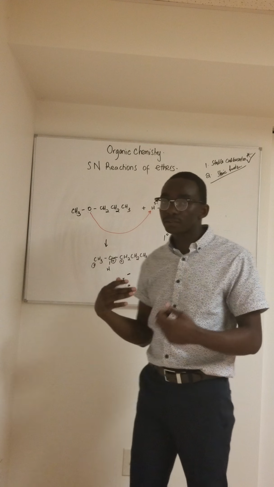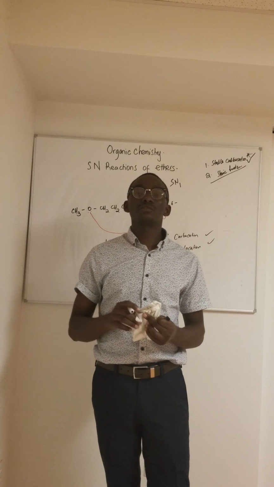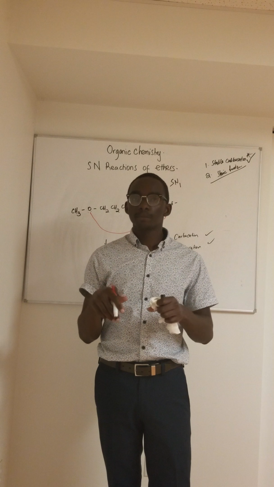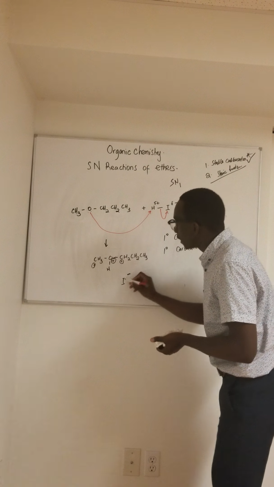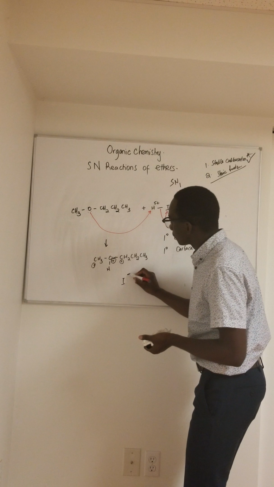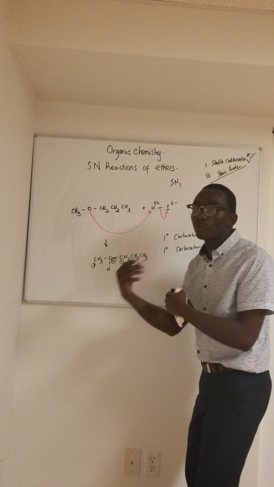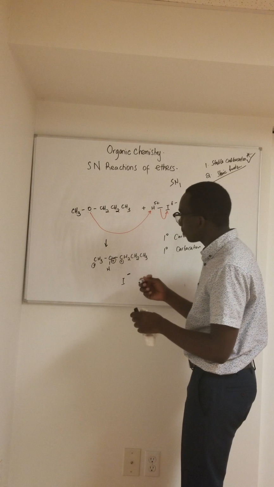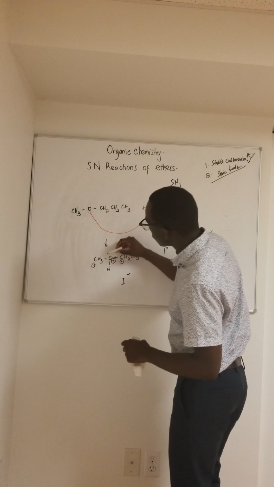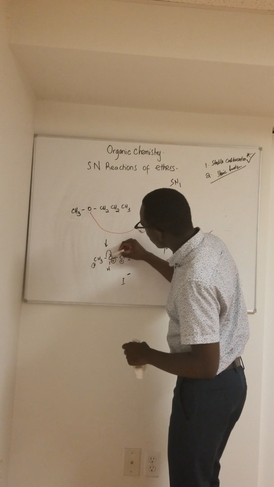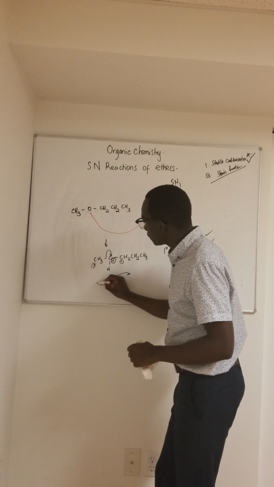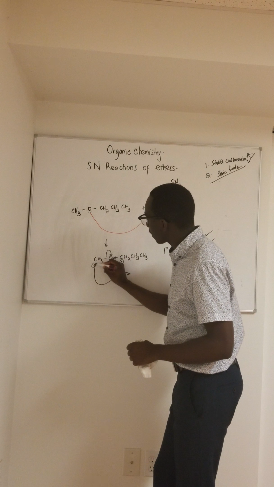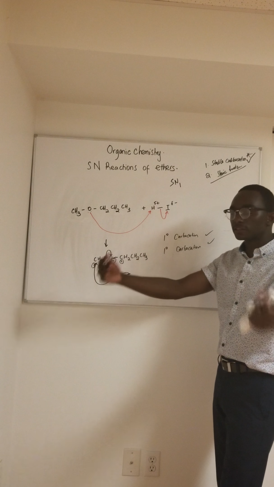If you don't understand steric hindrance, I did a YouTube video on it; you can check under my YouTube videos for the meaning of steric hindrance. So if the iodide ion bonds to this carbon, there will be steric hindrance. So this bond breaks off, and then the iodide attacks this carbon, because there's less steric hindrance.